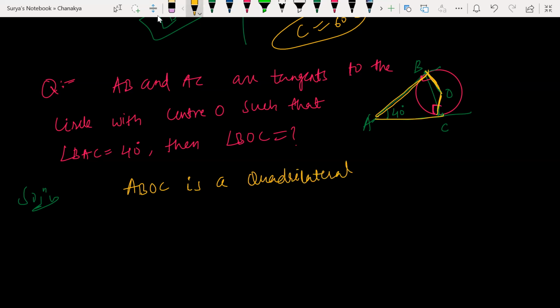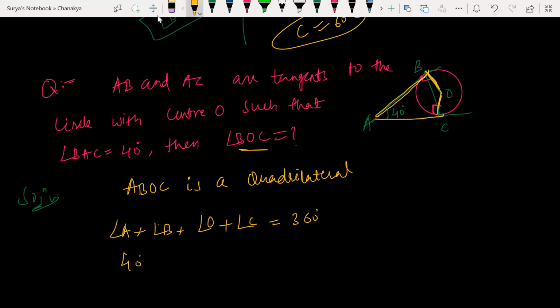So from this, angle A plus angle B plus angle O plus angle C is equal to 360 degrees, the sum of all interior angles. Then I need to find out BOC.